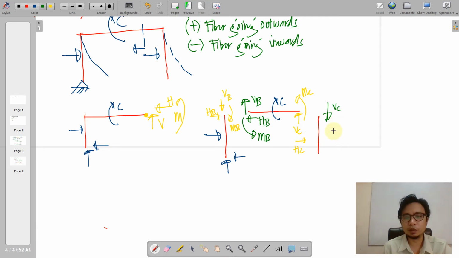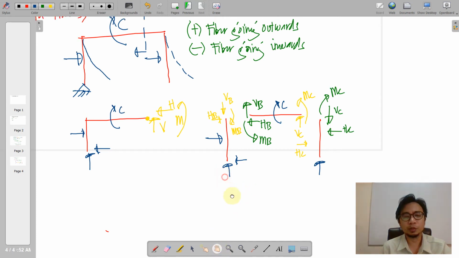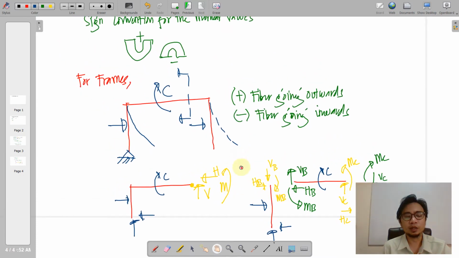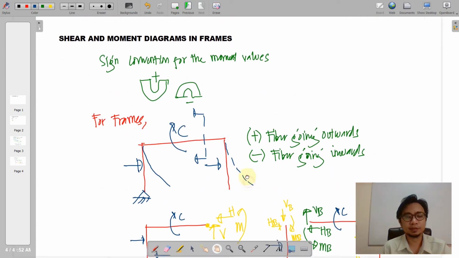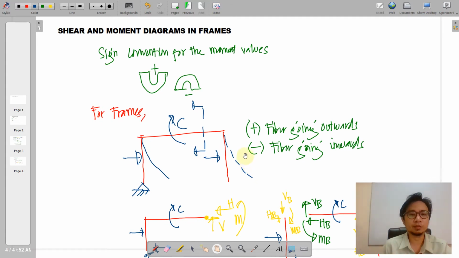So VC will be going down. Horizontal force at C will be towards the left, and MC will now become a clockwise moment. Of course, finally, we will place all the necessary external load that is applied to the frame, and then your procedure will follow according to what we have discussed in the procedure of shear and moment diagrams applied in beams.